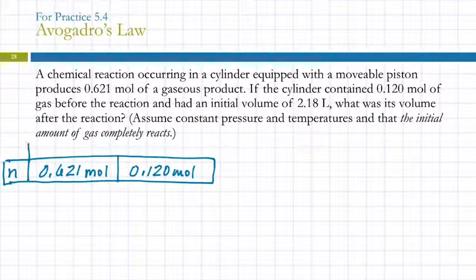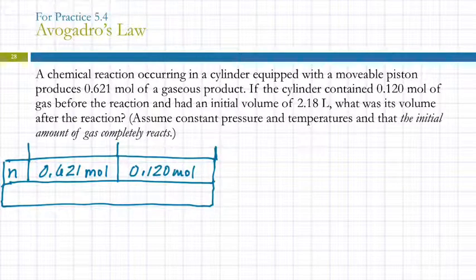And I need to indicate up here whether I'm going to call them 1 or 2. It doesn't matter. So I'm not going to put that in yet. We're going to have another thing down here. So it's telling me about a volume. So this volume, 2.18 liters, I need to be careful which box I put this into.